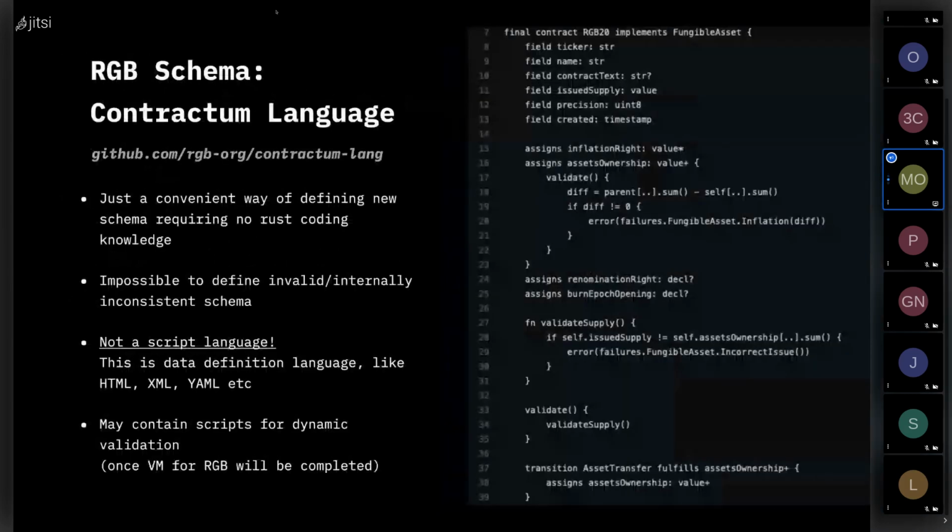But it will be impossible to do something like that with this language. So this schema will be basically invalid. And of course, all the contracts issued under the schema will be invalid by the core library. But it's better to prevent that not at runtime, but at compile time. And that's why we may need this language.